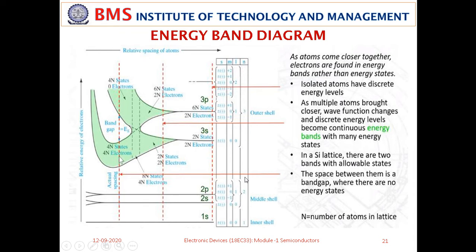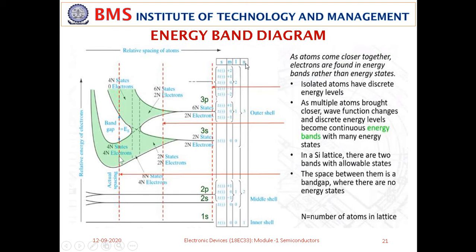That's with reference to n, and we talked about L also. L and M represent orbital numbers. L will take values up to n minus 1. Suppose if n is equal to 1, L will take maximum n minus 1, so L will be 0.